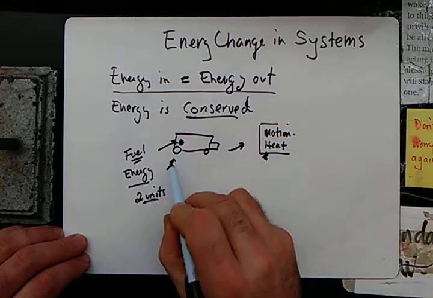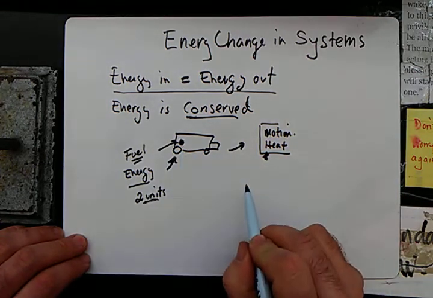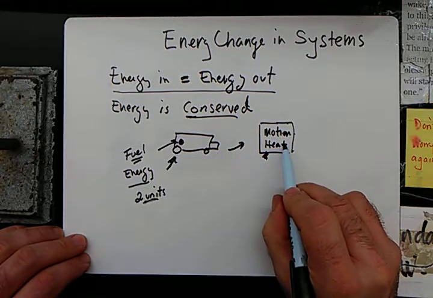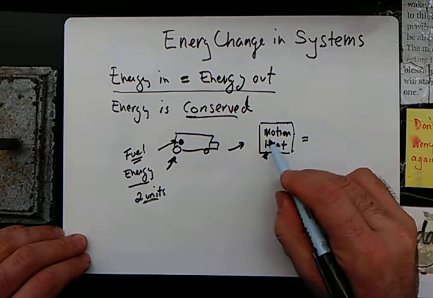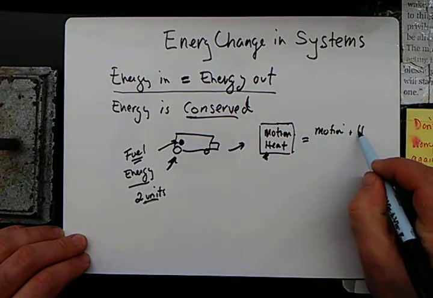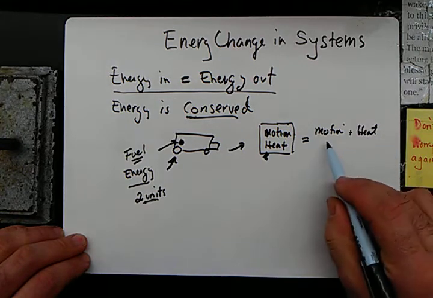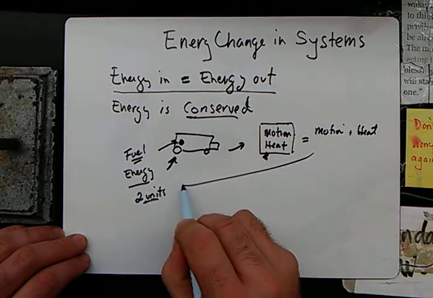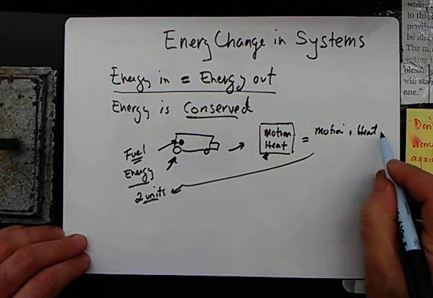Okay, if I put 2 units of gas in the car, then the motion plus the heat of the car, if we add these 2 up, motion plus heat, it's got to equal, take a guess, it's got to equal 2.